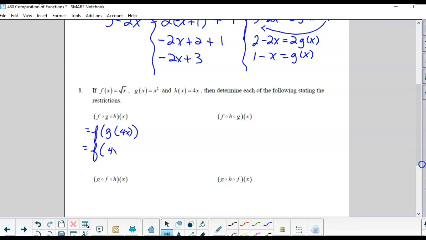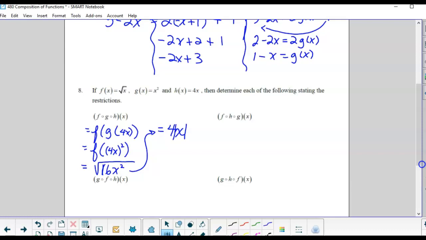That's going to be 4x all squared. And then that's going to be the root of 4x all squared, which is 16x squared, which is equal to 4 times the absolute value of x. No matter what x was, it's the absolute value, because it comes out as a positive.